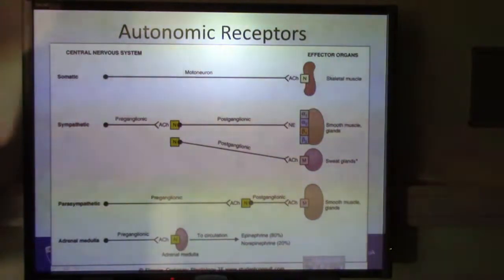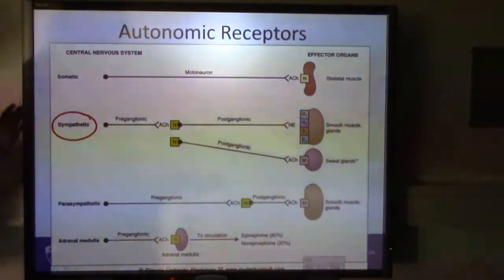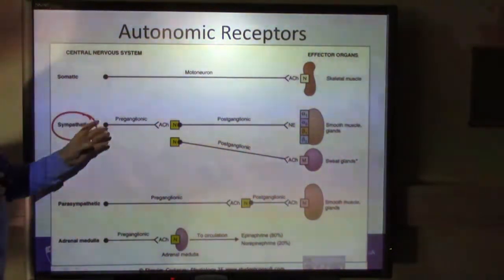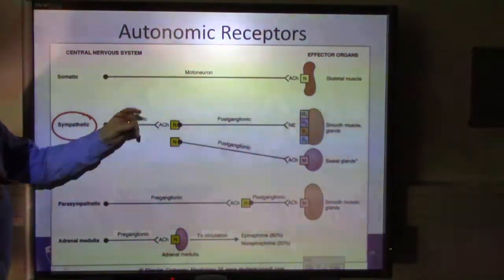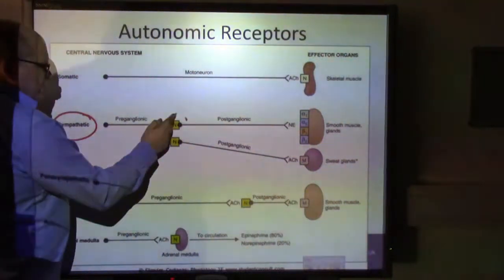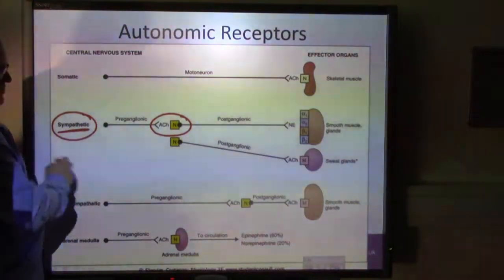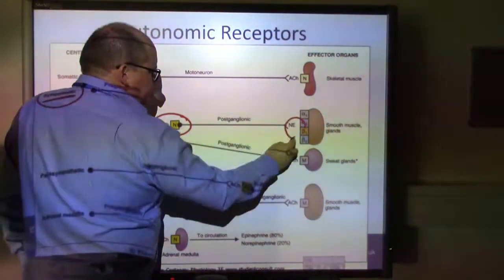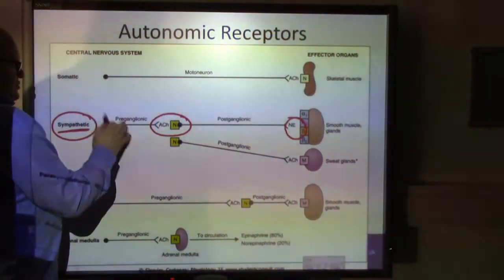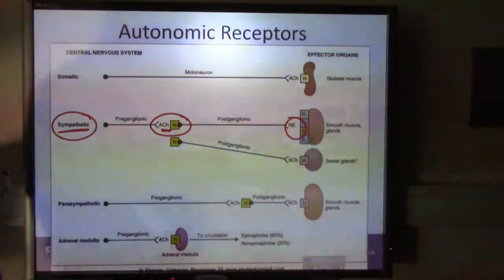Now, following the main sympathetic pathway, you've got the neurons coming from the central nervous system down the way. You then get the ganglia, where there's the main connection in the pathway. Now, at the ganglia, although this is sympathetic, which is ultimately going to release noradrenaline, the preganglionic neurons always release acetylcholine, and that works on a nicotinic receptor.